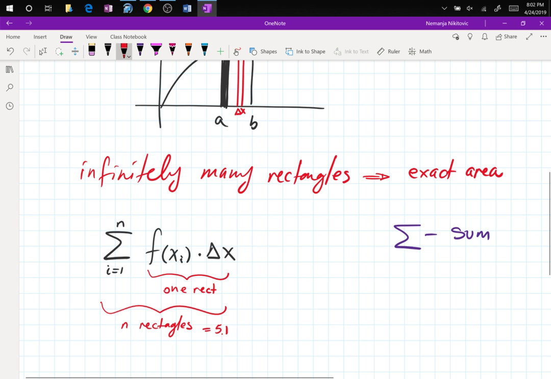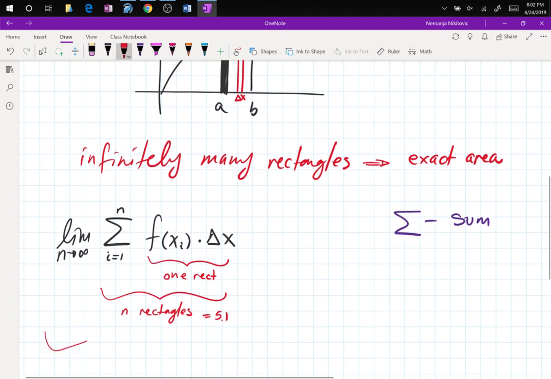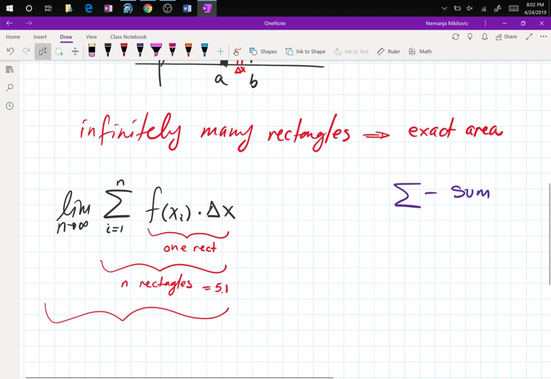The only thing that I need to do now is to shoot this n to infinity to make infinitely many rectangles. Now, how do I do that? I put the limit as n goes to infinity. And this is now infinitely many rectangles.